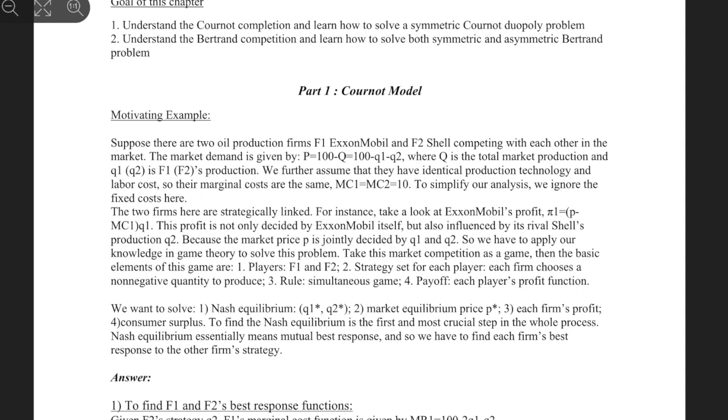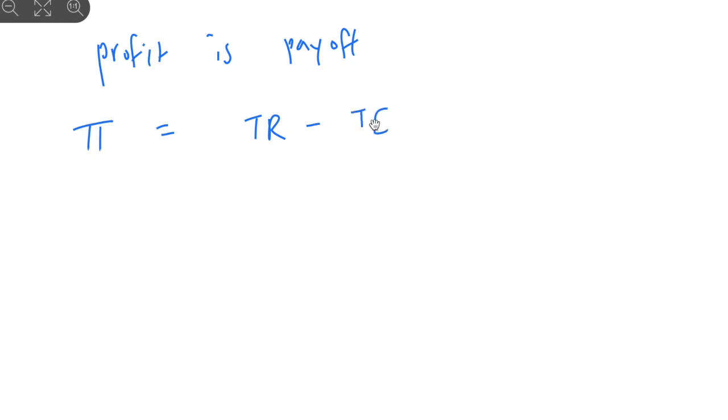So go back to the whiteboard. So what are the payoffs? The profit, right? Profit is payoff. So how can we calculate the profit of a firm? Profit equals total revenue minus total expense.